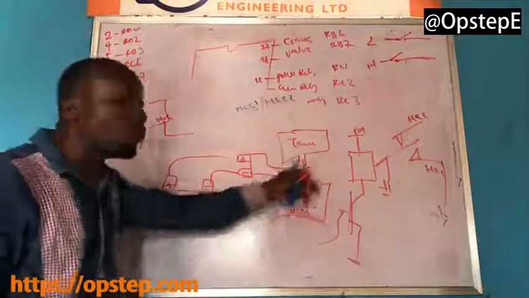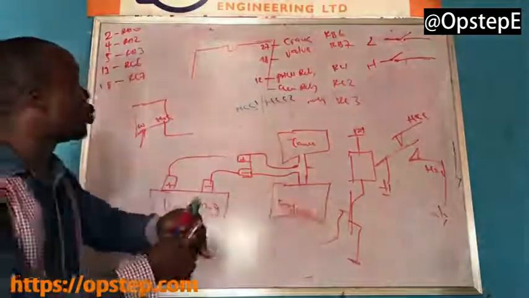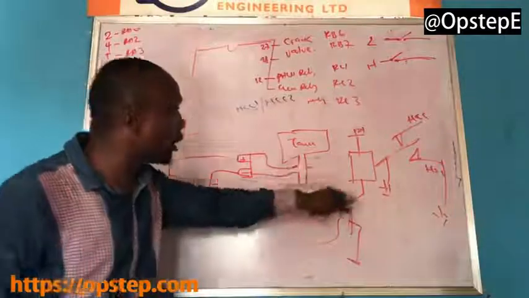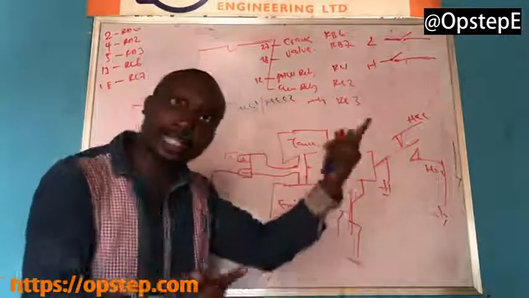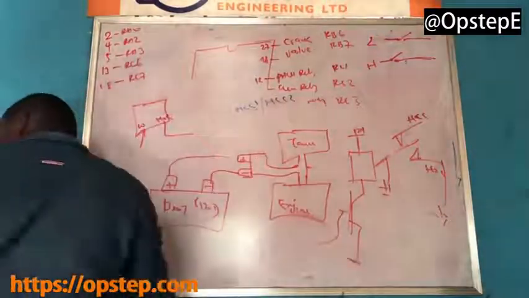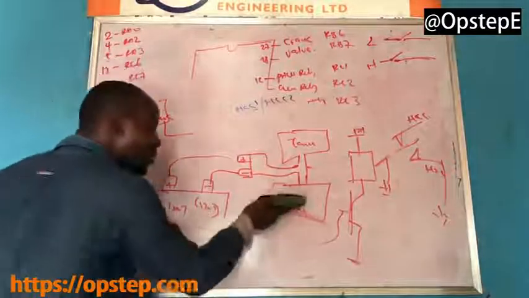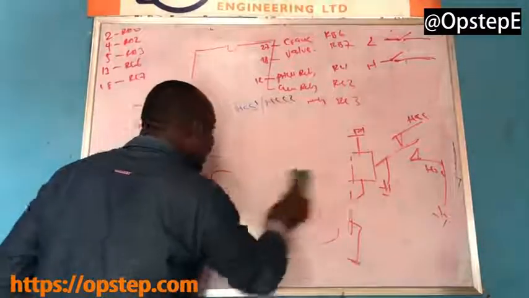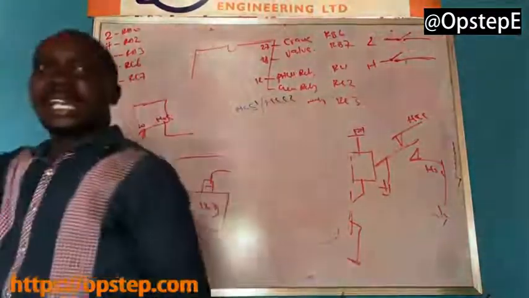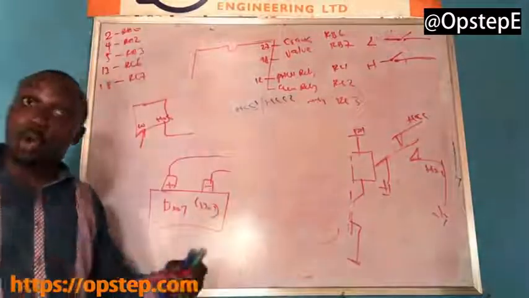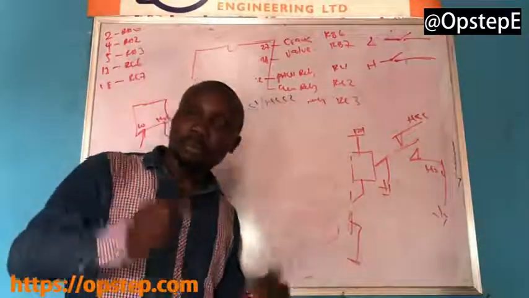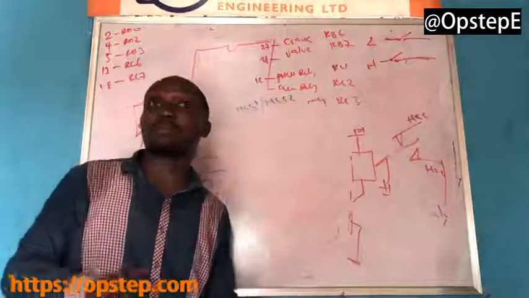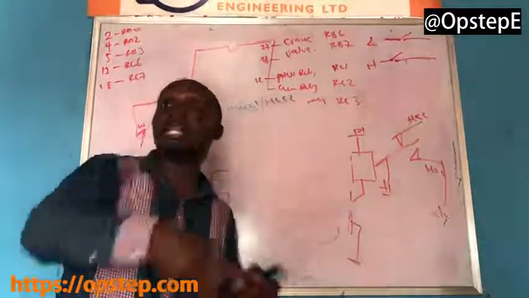So after the valve has opened, the next thing you're going to do is what? Crank. The same way this is connected. Don't forget, for the crank, it's the same thing. There's this shaft that needs to turn for the generator to start. It's called the flywheel.